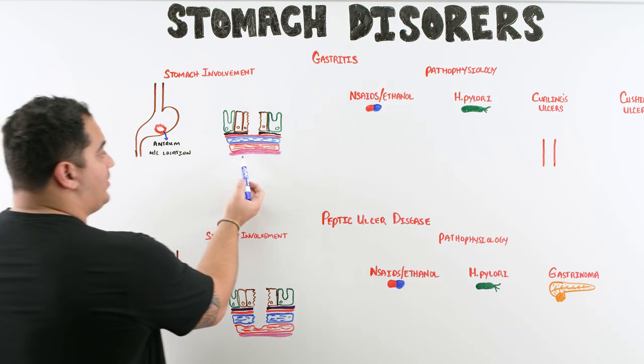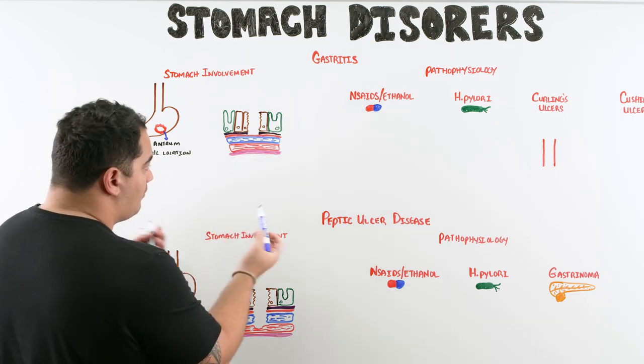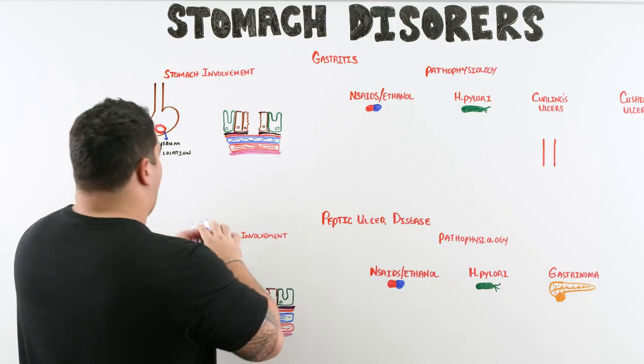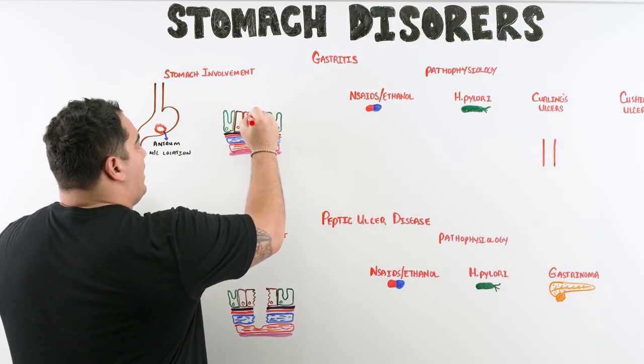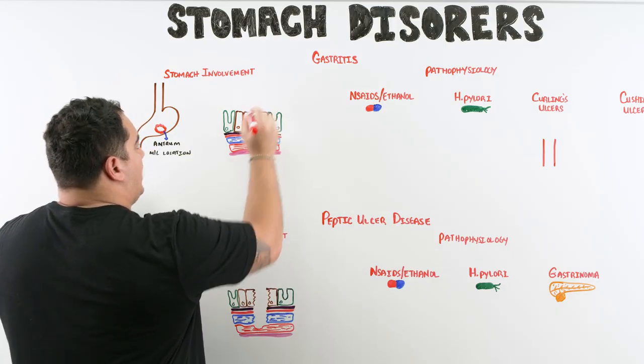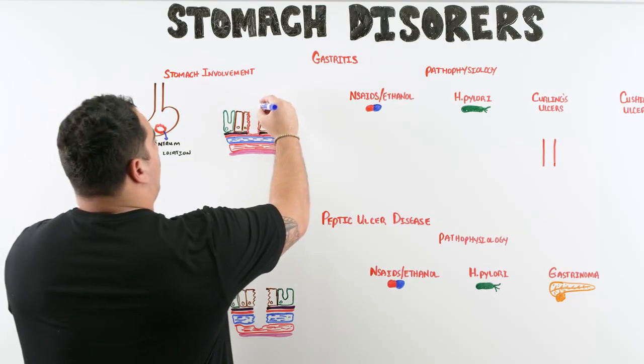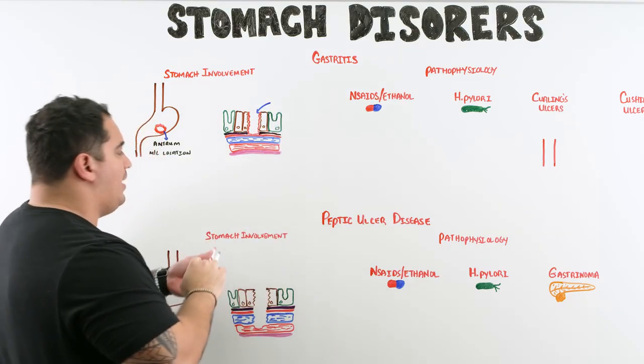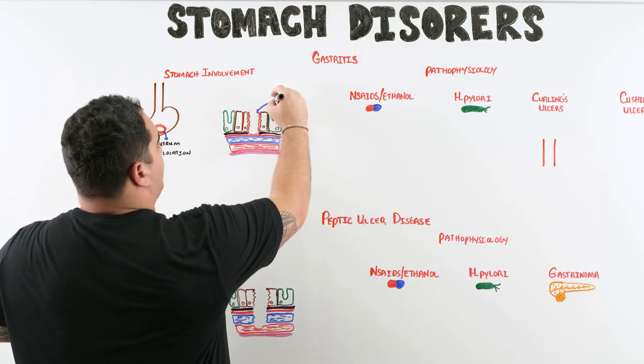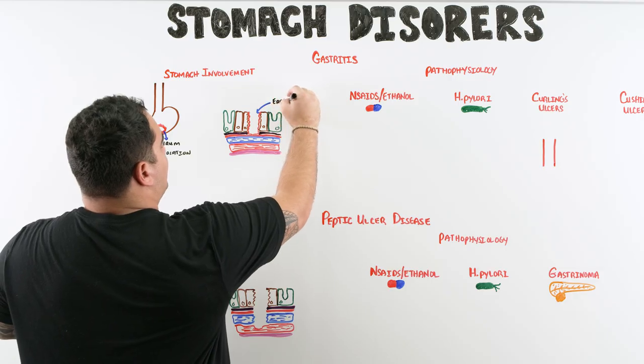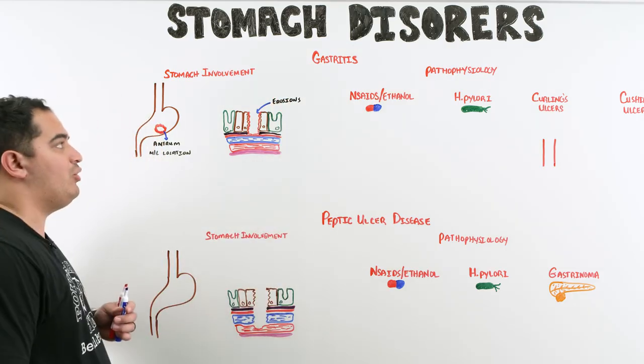Oftentimes when we talk about patients who develop gastritis, it's also classified as generalized inflammation that can cause a couple different things. You may see these small little erosions. So here we have some erosions, and these erosions don't really extend super deep.